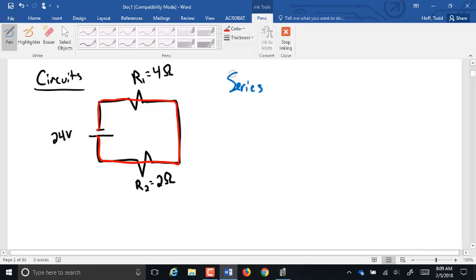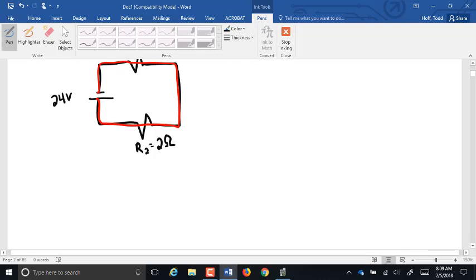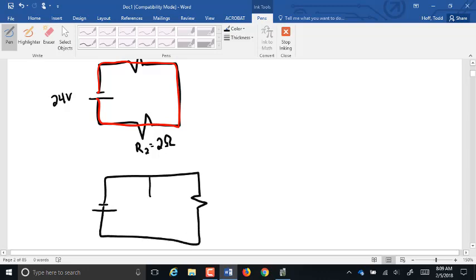A parallel circuit would look like this. If you leave the voltage source and go around, there are 2 different paths you could go, and each path only takes you through one of the resistors. That's parallel. We'll talk about that in a minute.